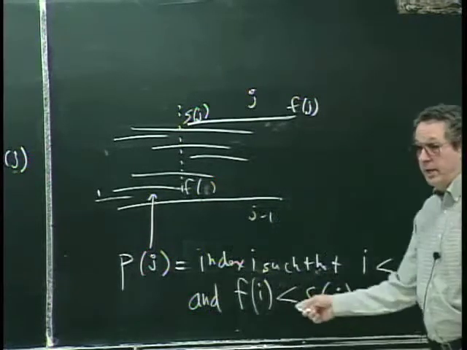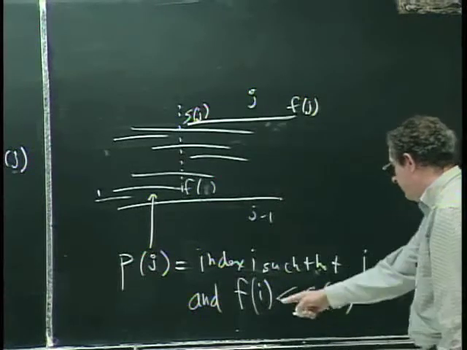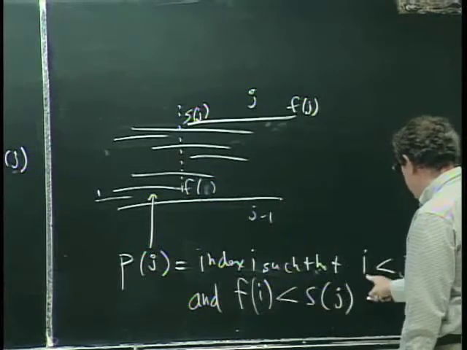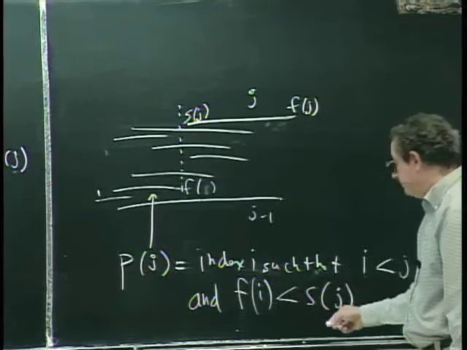So that means they don't overlap. Okay? So the finishing time of i is less than the starting time of j, and i is less than j. So these two together say that they don't overlap.